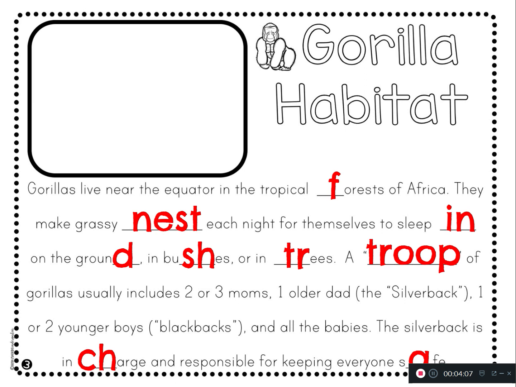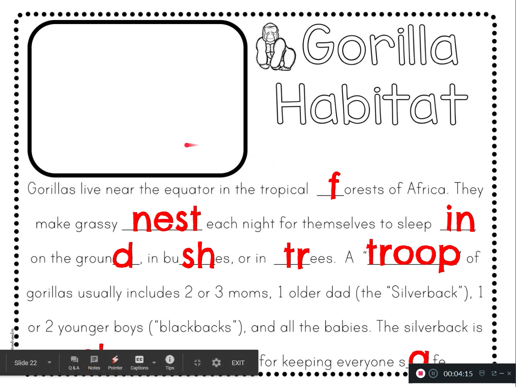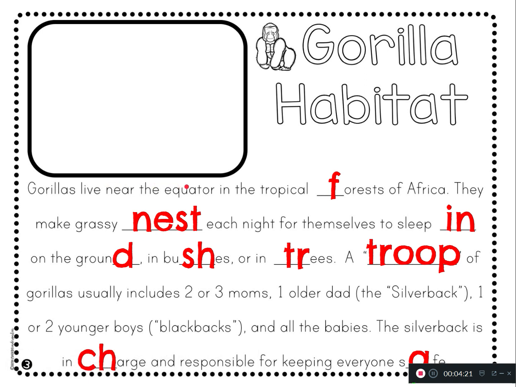All right, now that we have all of the fill in the blanks completed, let's read the page one more time. I'll read it aloud to you. You just need to track with your finger while I read. Let's start back up at the top. Gorillas live near the equator in the tropical forests of Africa. They make grassy nests each night for themselves to sleep in on the ground, in bushes, or in trees.